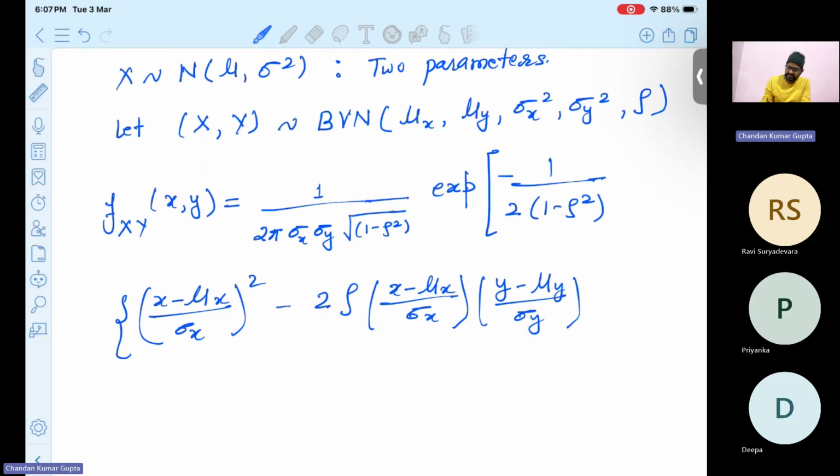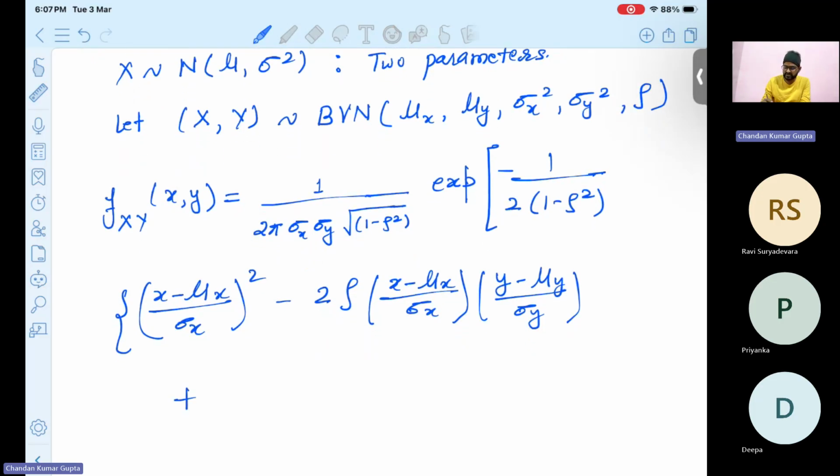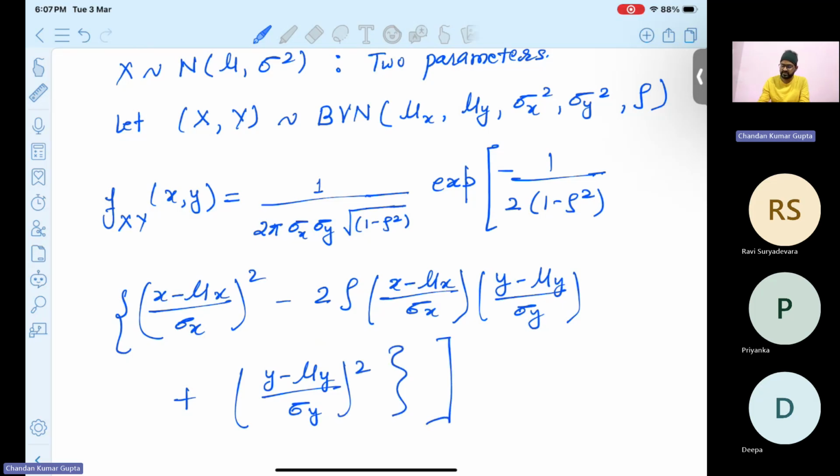Then plus, it looks like the a minus b whole square formula, the last term ((y minus mu y) upon sigma y) whole square, closing the square bracket and the curly bracket. So this is the probability density function for the bivariate normal distribution.